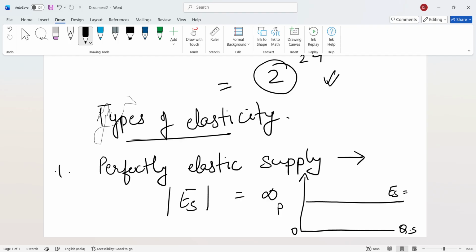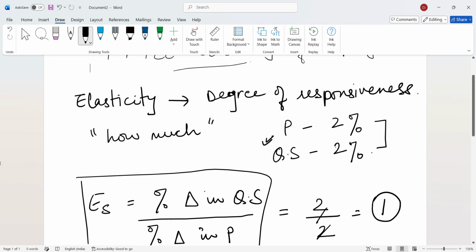That's your ES equals infinite. With a very little change in price, the quantity supplied changes by a very, very large quantum. That's perfectly elastic supply.